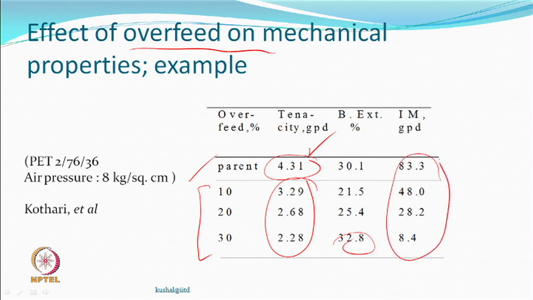But the modulus definitely goes down, because when you extend, slippage or other things become more dominant, and so a parallel bundle of the same filament resists more deformation, but a very highly unoriented kind of thing, where you keep on increasing the overfeed, may lead to more slippage. So, the initial thing may appear that it just slipped, with very little resistance. So, modulus can go down.